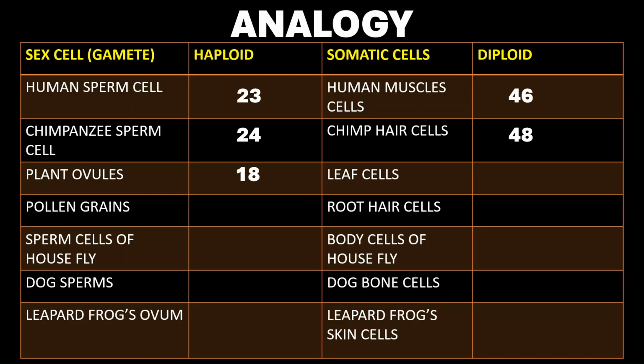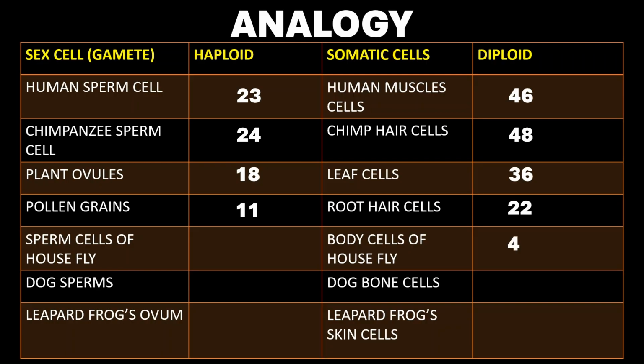In this particular case, we're looking at times two. So if there are 18 chromosomes in the plant ovules, then there will be 36. We can continue by trying the others. We have 11 chromosomes in the haploid cell, that is the pollen grain. How many chromosomes will be there in the root hair cells? That's going to be times 2, 22.